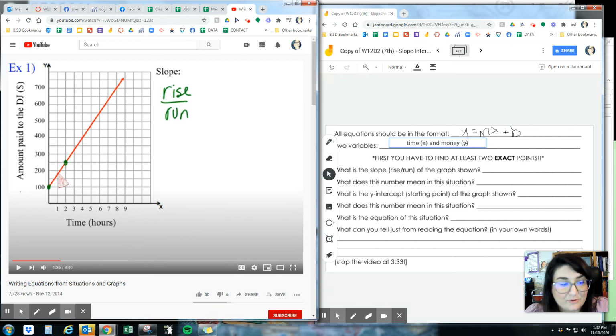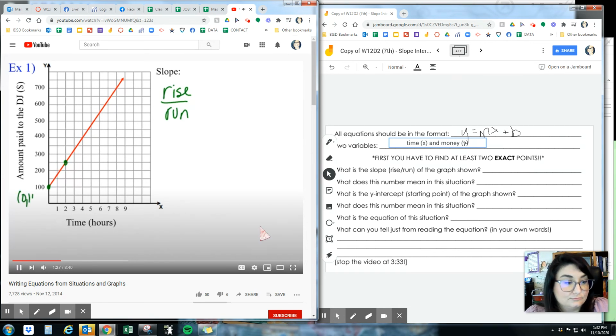If I picked a point like this, I could guess it's maybe about 1.3 or 1.4, but I really don't know exactly. I want to find those 2 exact points so that when I solve for my rise over run, or my slope, I'm getting a real value. If I estimate, I might get a close value, but it's not exact.